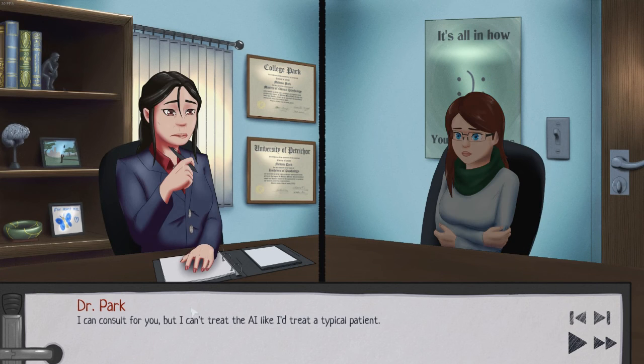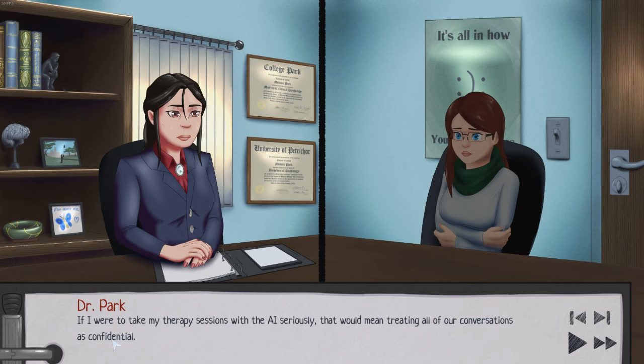I can consult for you, but I can't treat the AI like I treat a typical patient. If I were to take my therapy sessions with the AI seriously, that would mean treating all of our conversations as confidential. I can't maintain confidentiality and help you fix the AI at the same time.